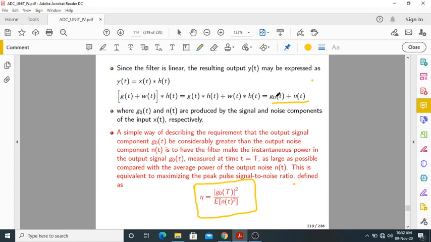G naught of t is the convolution of G of t and H of t. But what would G naught of f be? G of f into H of f. It is simply the convolution theorem. G naught of t equals G of t convolution H of t, but G naught of f equals G of f into H of f. I hope you are okay with this.